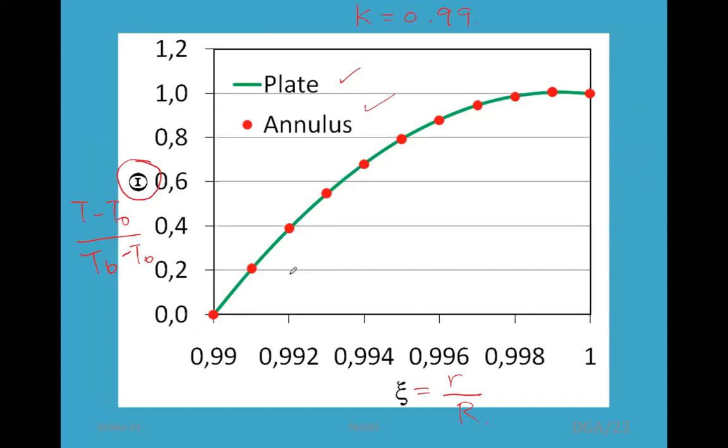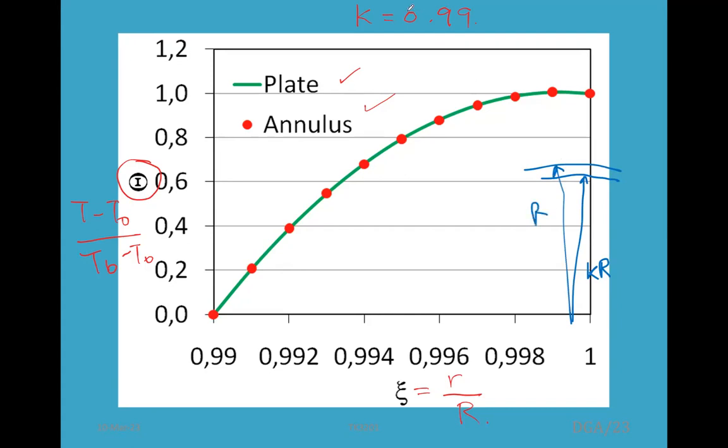So this is a modeling or a calculation that has been done before. For example, the ratio between the outer cylinder and the inner cylinder, this is kappa R, and this is R, let's say.